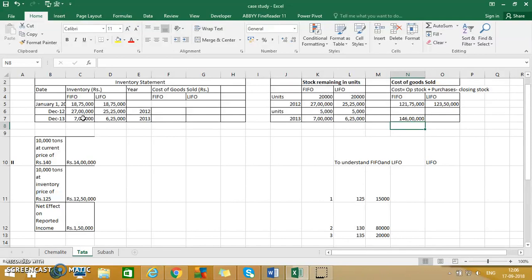We are there. This is the cost of the material. Can we apply the same thing here? We can. So what is the opening stock for LIFO? The opening stock for LIFO was 25 lakhs, plus you have your cost of material that you have purchased, 90,000 units into 140. That's your purchases minus your closing stock.